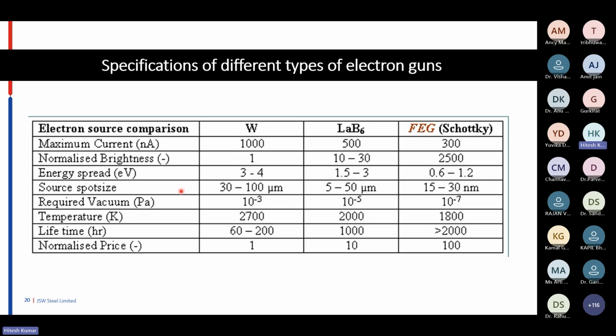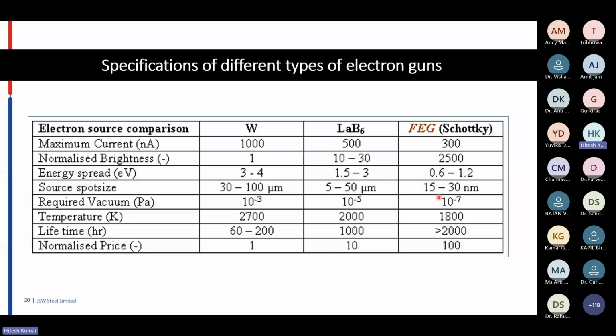Another is the spot size. In the source, the spot size is in microns; in field emission, it is in nanometers. The spot size is basically a key factor when you are resolving fine features. If your spot size is greater than the key features, then you are not able to resolve them.